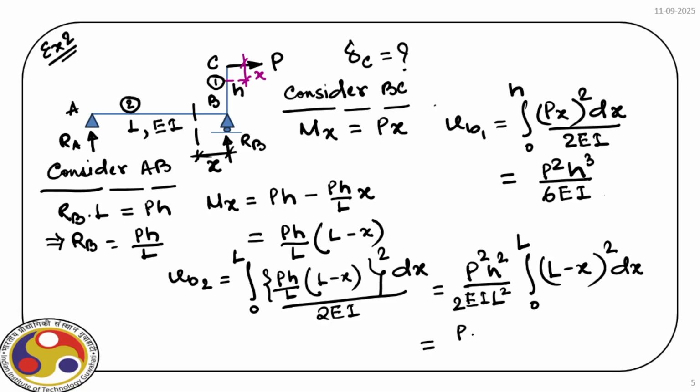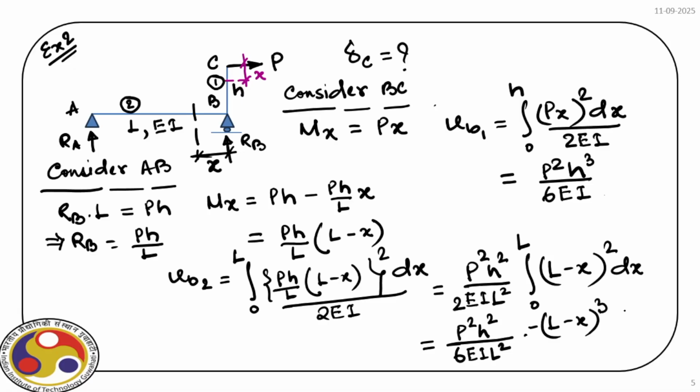So if we simplify this, we have P square H square divided by 6 EI L square. Then we have (L minus x) whole cube.